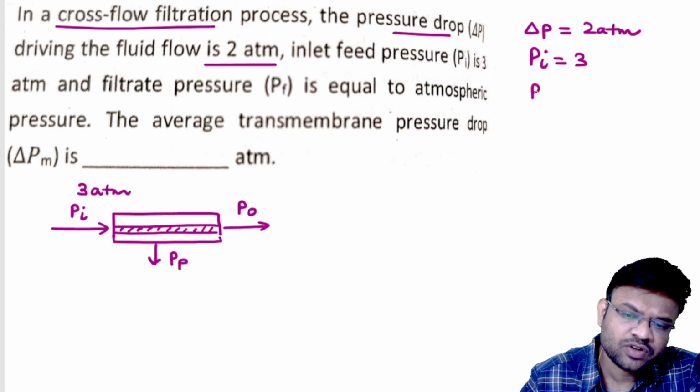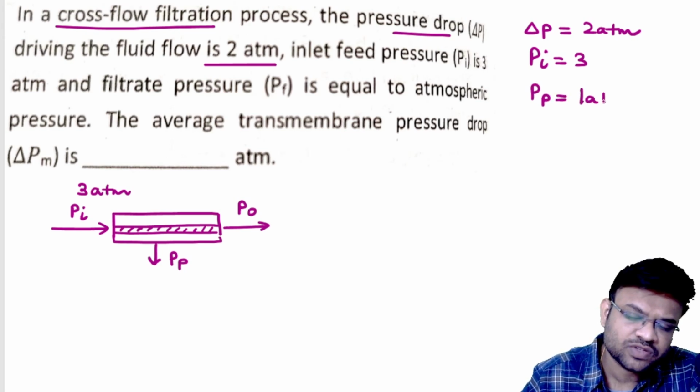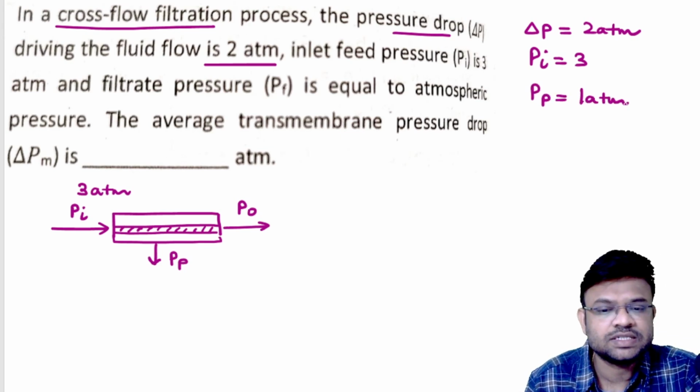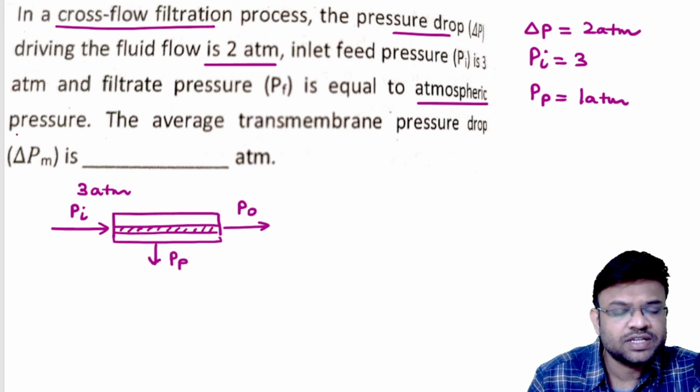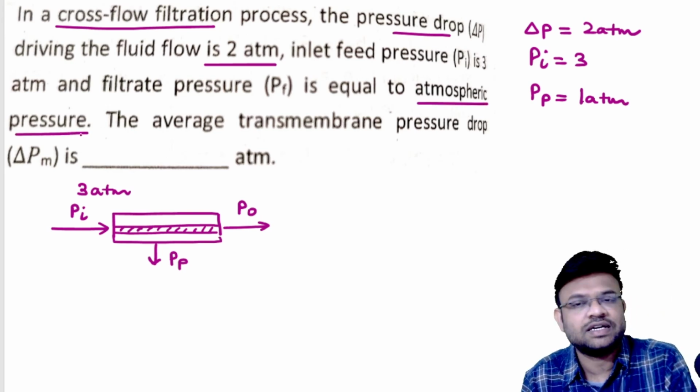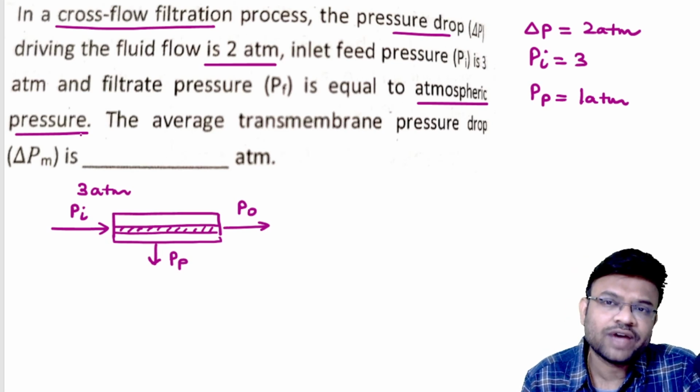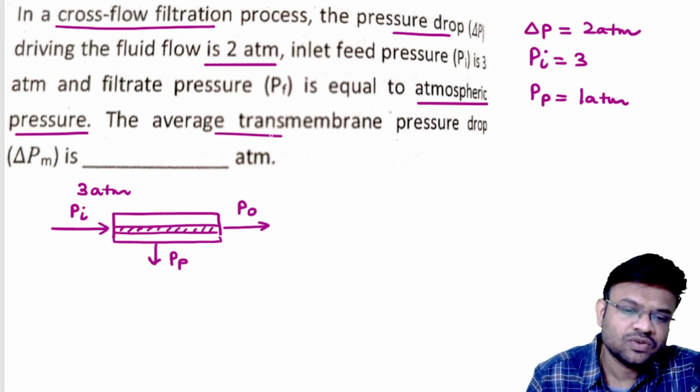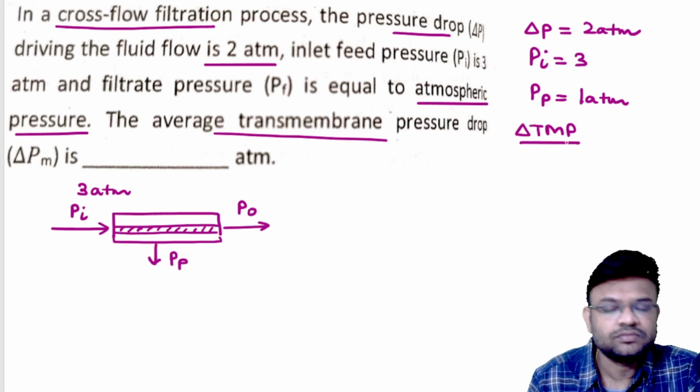So filtrate pressure or permeate pressure is equal to 1 atmosphere. Why have I written 1 atmosphere? Because atmospheric pressure is considered as 1 atmosphere. So these are the values that they have given, and they are asking you about the transmembrane pressure drop, delta TMP.